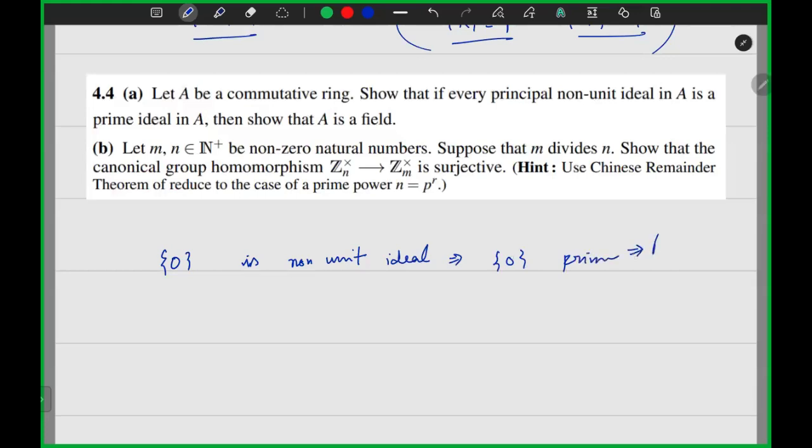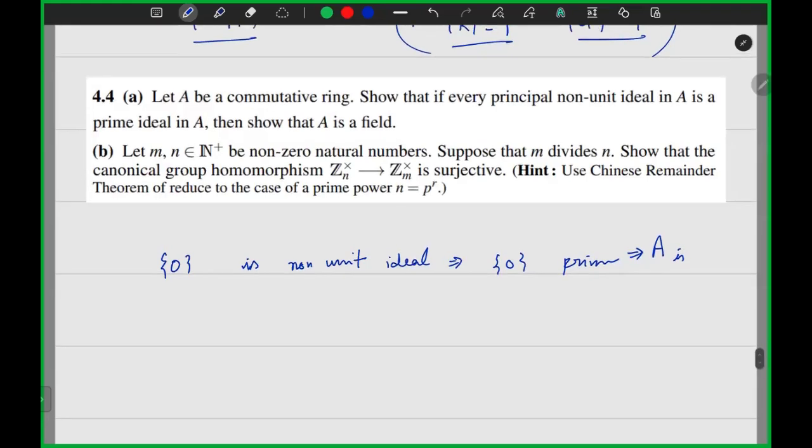What does it imply? A is an integral domain. Yes, at least we have shown that A is an integral domain.